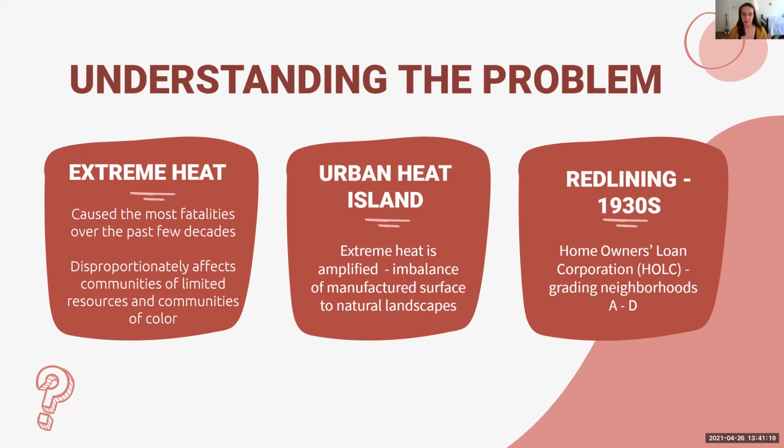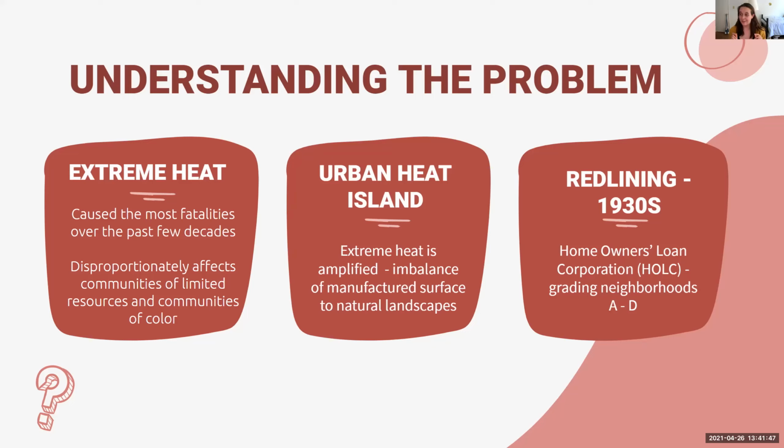And this was based on a couple of different factors, such as the quality of the buildings, what was located around or in the neighborhood, so proximity to schools, businesses, and if they had sewer systems or water systems. But a big component of it was the makeup of the residents in terms of race and ethnicity.